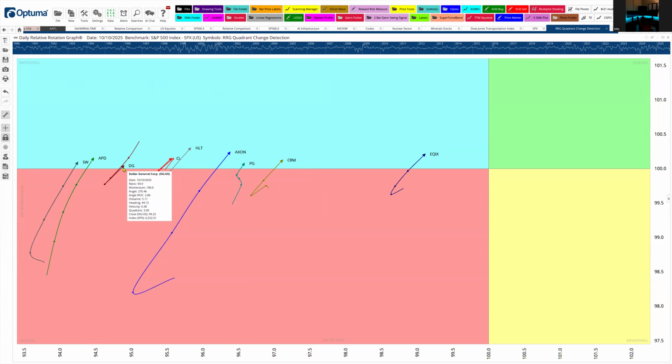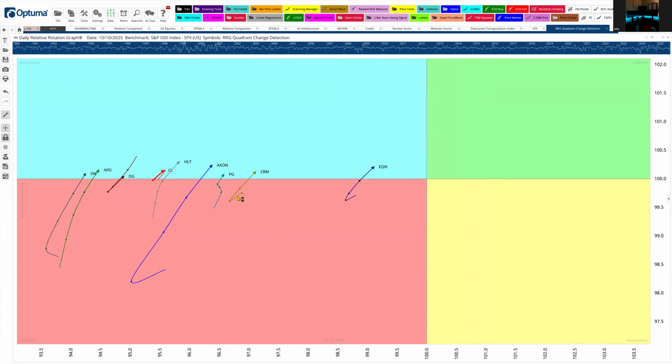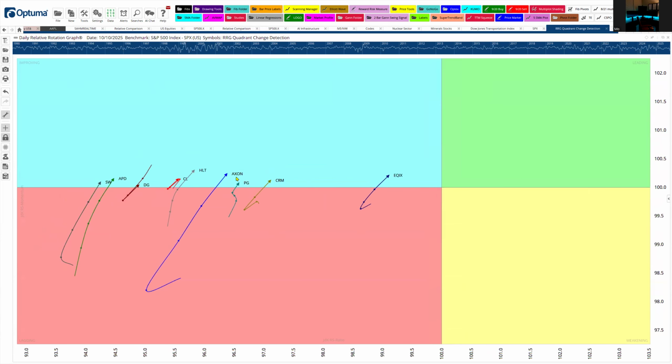You see right there, the hook just poked above from red to the blue one now, Dollar General. There are some of these names you could definitely like, but it has to match with the buy signal, because the swing will confirm if it has a higher swing or not.